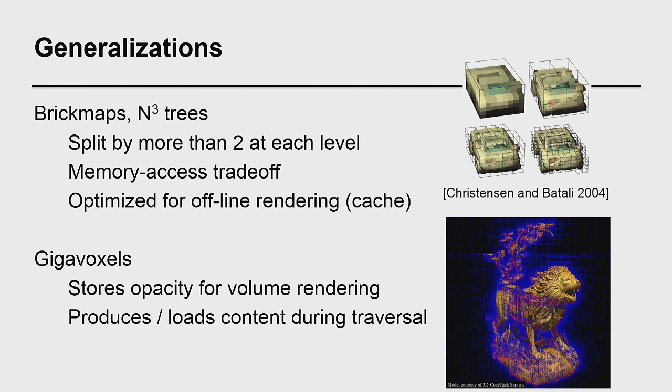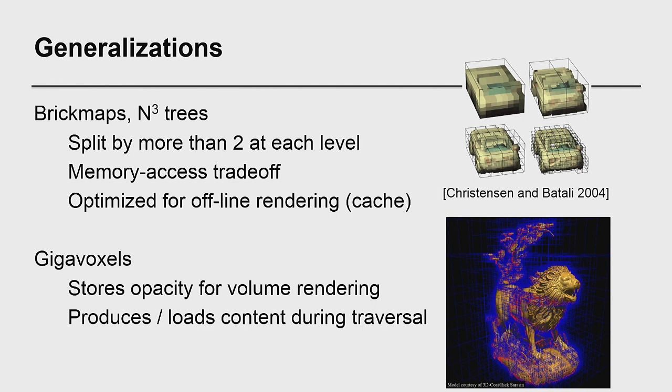Well, this idea can be generalized using brick maps or n-cube trees. It's basically the same idea, but an octree would split a cube into 8 pieces, right? And because of that, you may need quite a few indirections until you reach your data.